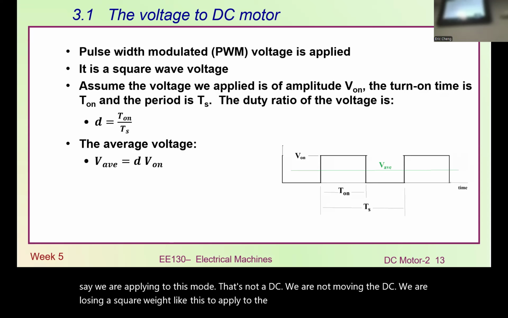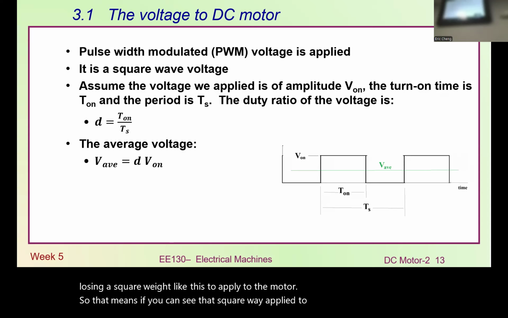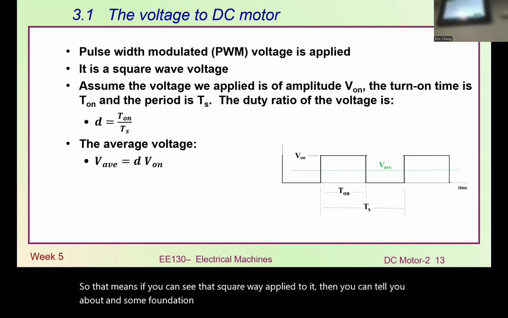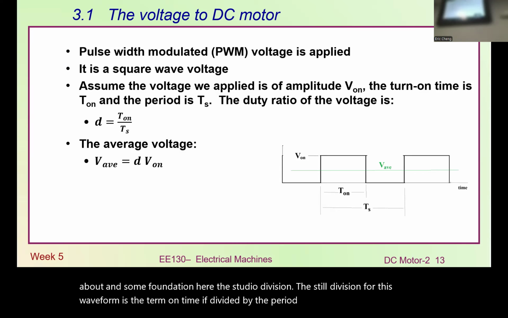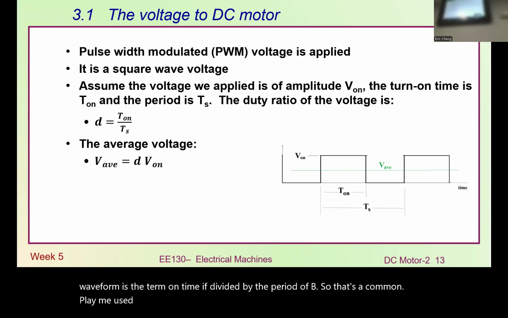We are using a square wave like this to apply to the motor. So if you can see that square wave applied to it, then you can tell some parameters here, the duty ratio. The duty ratio for this waveform is the turn-on time divided by the period. That's a common term we use for switching electronics.